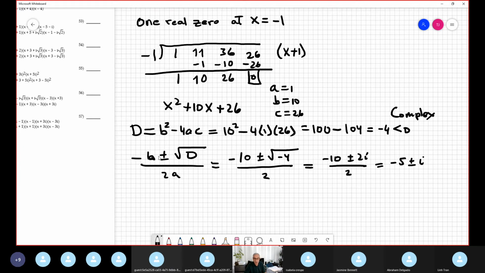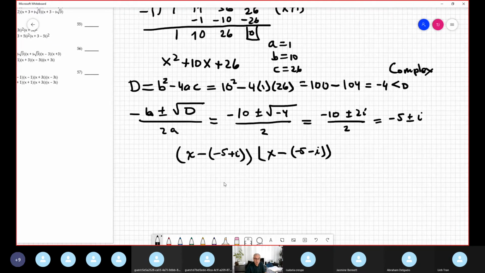Super. And the factorization for the complex part would be x minus (-5 plus i) times x minus (-5 minus i). Or, more elegant in my opinion, x plus 5 minus i times x plus 5 plus i.